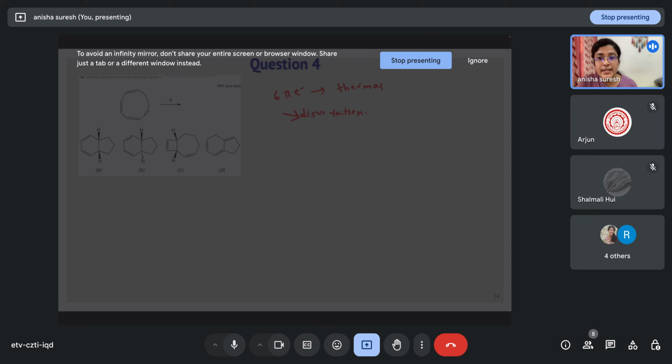If the disrotation is taking place in this fashion, that is clockwise, anti-clockwise, then it will result in the formation of A. If it is taking place in the other fashion like this, anti-clockwise, clockwise, the other possibility will be both the hydrogens being alpha. So these are the two possibilities. Since this is the option that is given, option A will be the right answer. Clear?